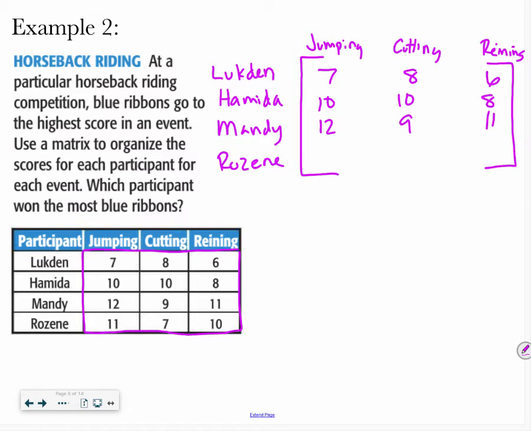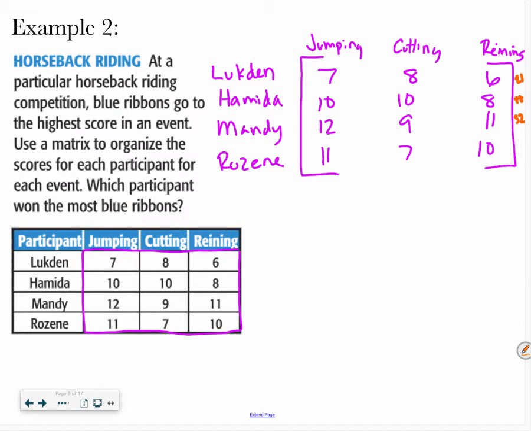But then I want to describe who ended up with the most blue ribbons. So I have to go through and determine how many blue ribbons each participant ended up with. For Lukden, 7 plus 8 plus 6, so I end up with 21. For Hamida, 10 plus 10 plus 8 gives me 28. For Mandy, 12 plus 9 plus 11 gives me 32.